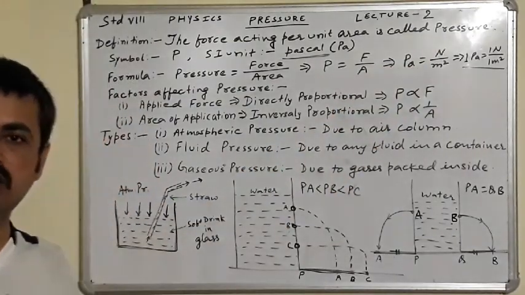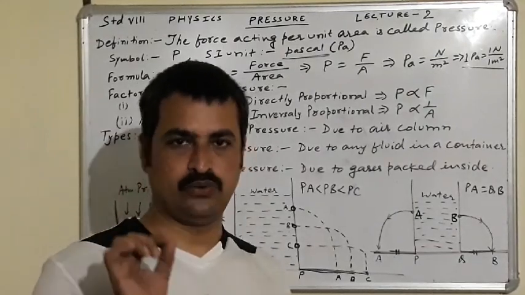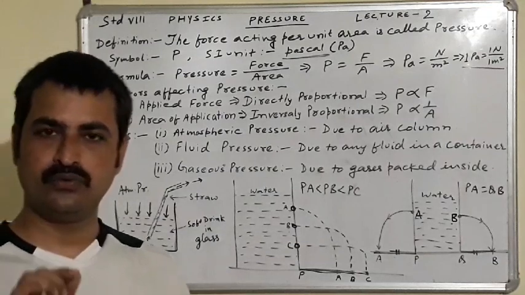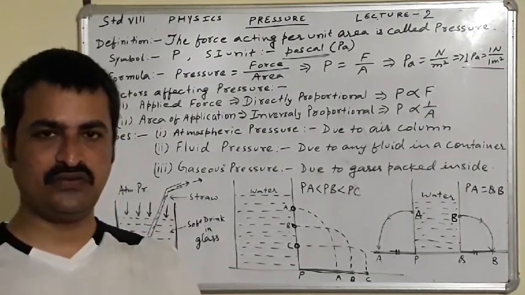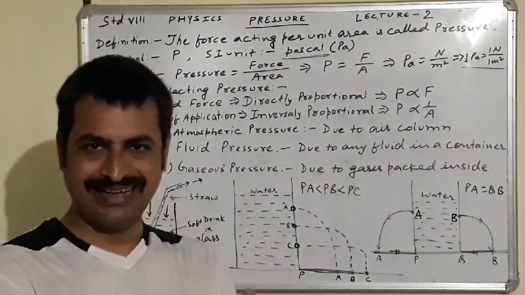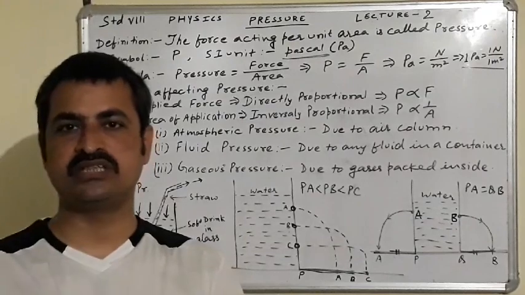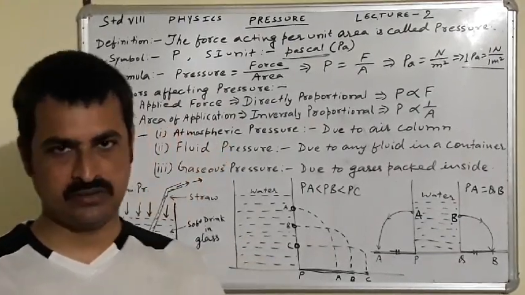What is meant by pressure? Pressure is the ratio of force and area. If applied force is divided by the area on which force is applied, then we get pressure.